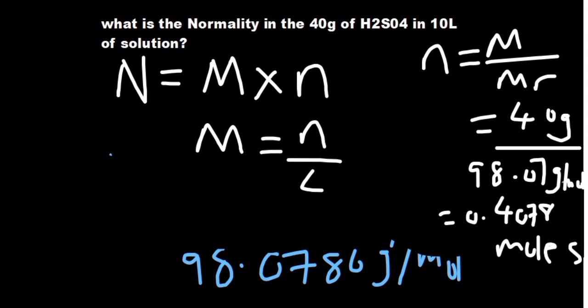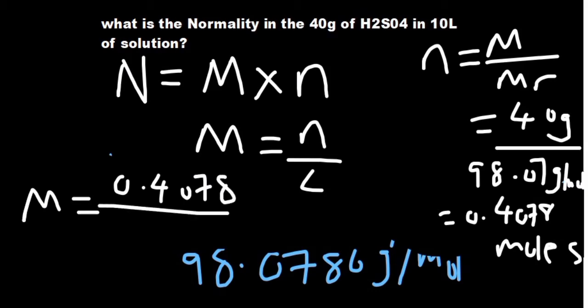So therefore our molar concentration is going to be the given number of moles that we've determined, 0.4078, divided by the liters of solution, which in this case is 10 liters. So we have moles per liter.